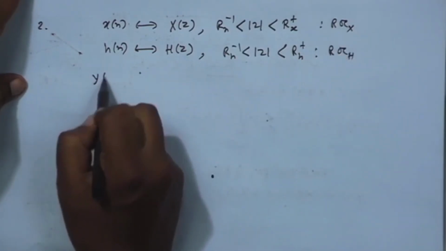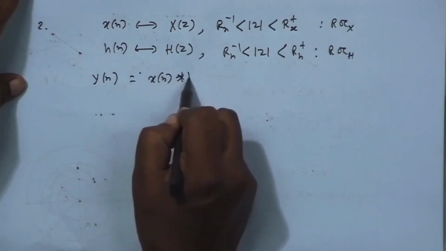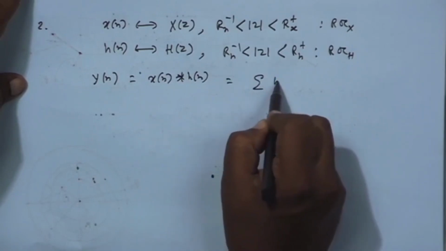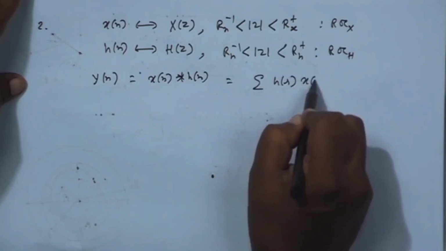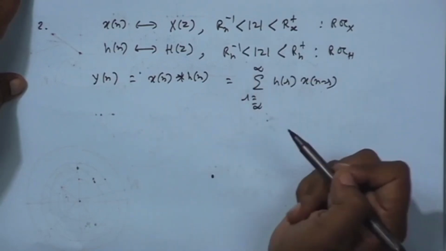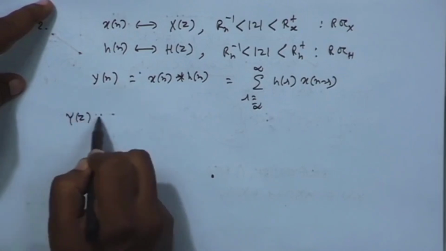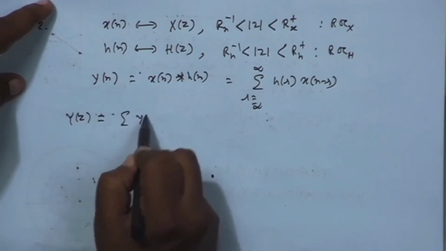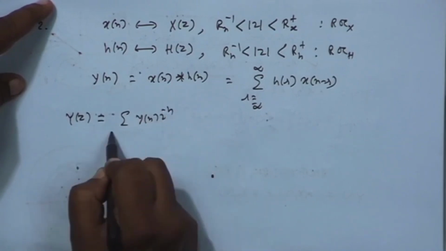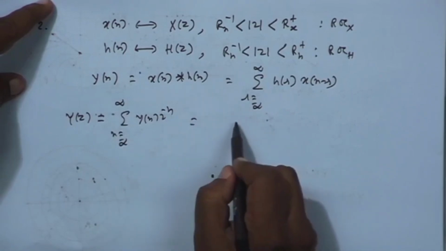Now, suppose I have got a convolution y(n). As I told you, I always prefer to write convolution this way, summation h(r) x(n minus r). It does not matter here though, either way is fine. So, Z transform of y(n), that is Y(z), assuming it exists, it will be summation y(n) z to the power minus n, minus infinity to infinity, y(n) you replace by that.